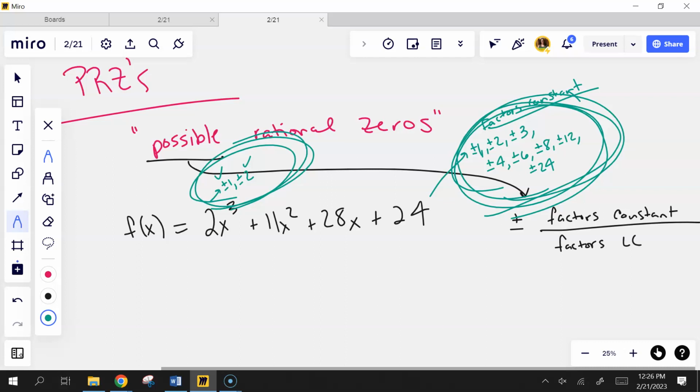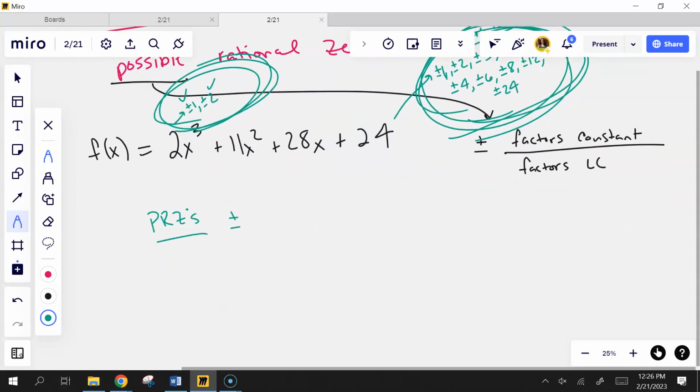You don't have to repeat here though, so if one shows up again. So let me show you what I'm talking about. So my PRZs here, which means my possible zeros, right? They may or may not be a zero. Plus or minus. If I divide all these numbers by 1, you get the exact same numbers.